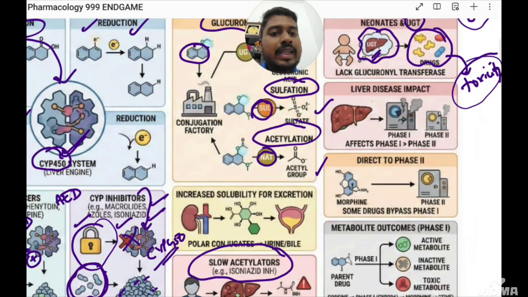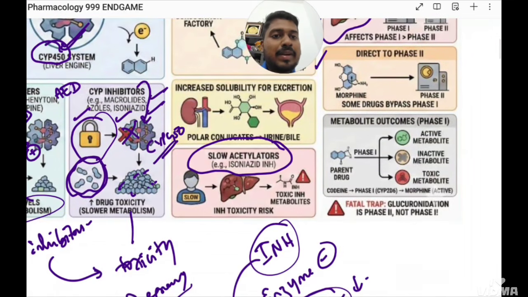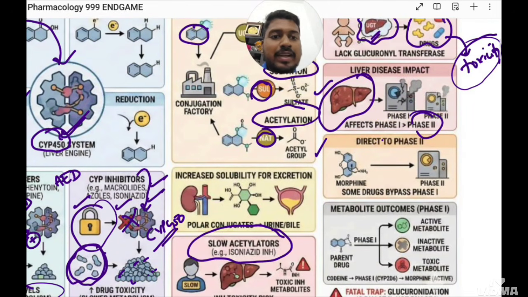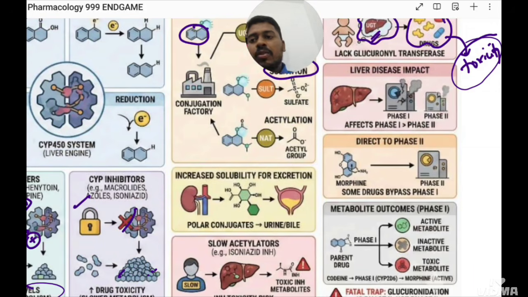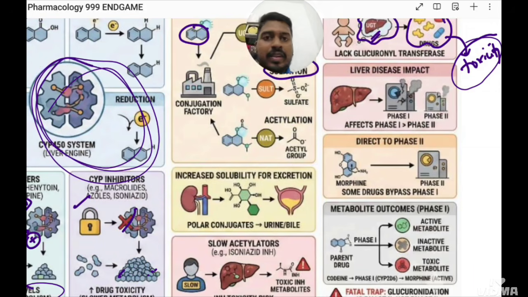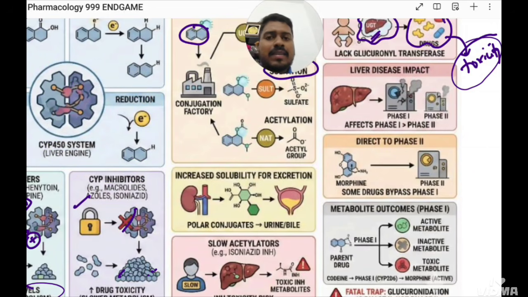Now, what happens in case of liver disease? In liver disease, remember, phase 1 is affected more than phase 2. You will ask me why phase 1 is affected. Because cytochrome P450 is mainly present in the liver. So whenever some stress or insult happens in the liver, phase 1 is affected more than phase 2.